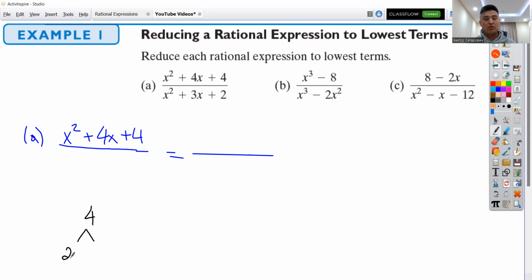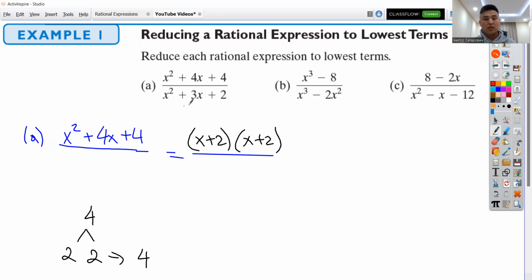In my mind, I have 2 and 2 positive. When I multiply, I get 4, and when I add them, I get positive 4. So my factorization will be x plus 2, x plus 2.